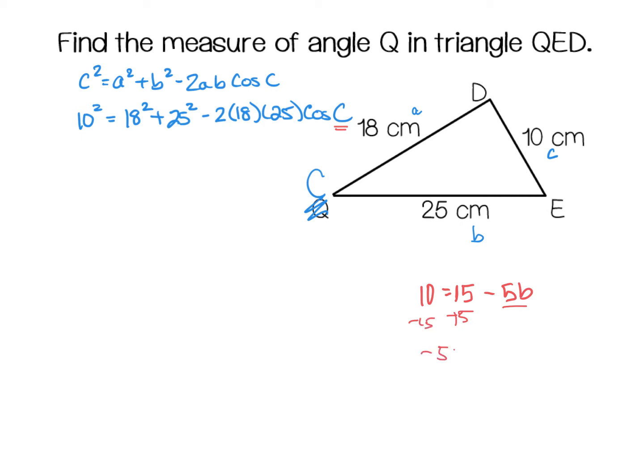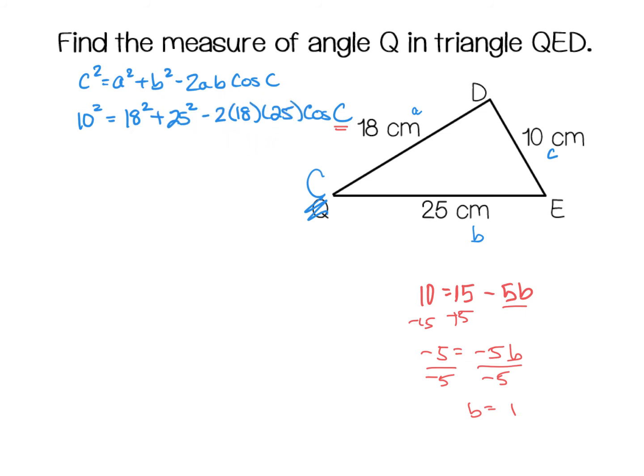I'd have a negative 5 equals a negative 5b. Then I can divide by negative 5, right? And I would get b equals 1. Okay, but that's kind of what we have to do up here, right? It's kind of what we have to do here. We're going to need to subtract away these values and then ultimately divide by what's in front of the cosine of C.